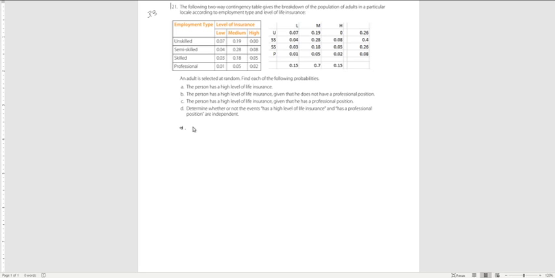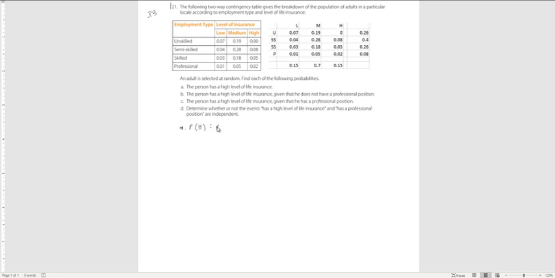A, the probability that a person has a high level of life insurance. So this is going to be the probability of H, we'll say H for high level of life insurance. That would be the probability, across any type of employment type, of all the highs. So I'm back here to this column and I'm going to add up that column.